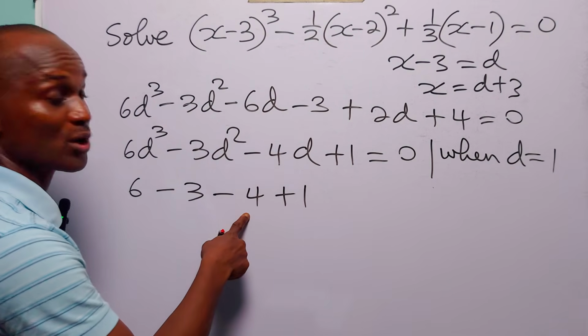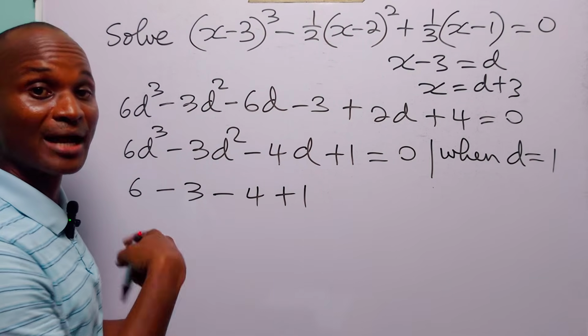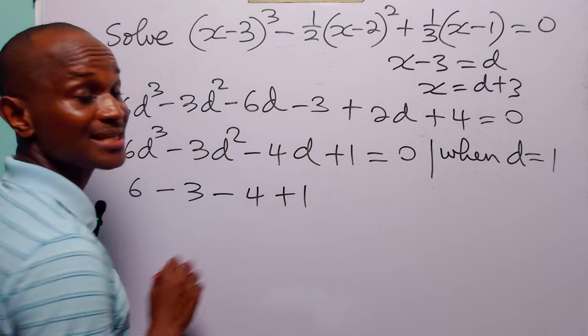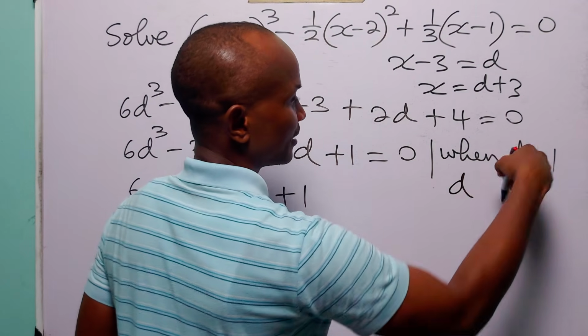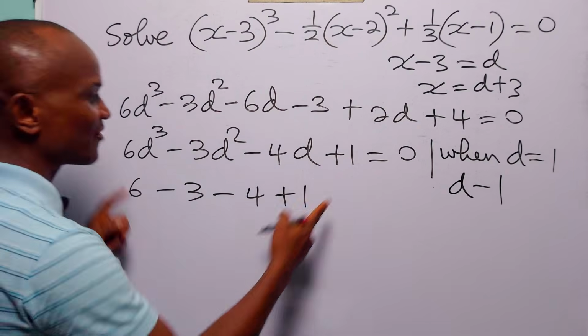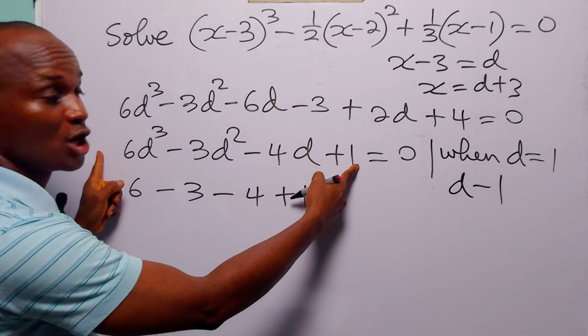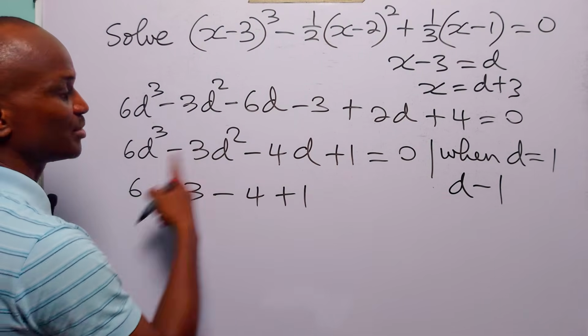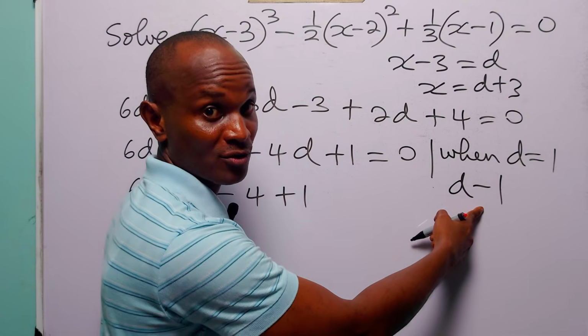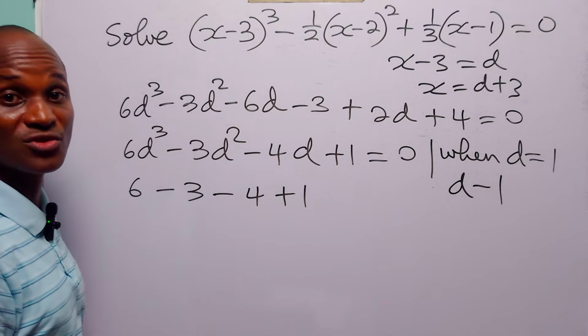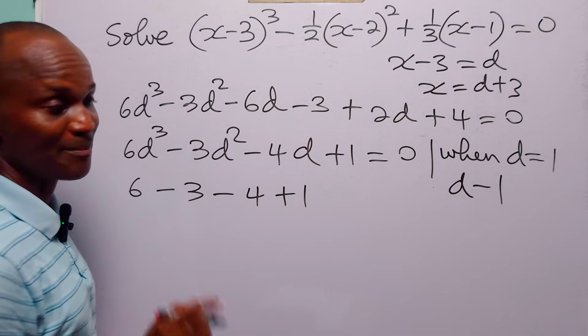Minus 3 minus 4 is equal to minus 7. And of course, 7 minus 7 is equal to 0. Now, this means that d minus 1 is a factor of this cubic. So we can factorize this cubic expression by dividing it with d minus 1. And to do this, we are going to use the synthetic division method.